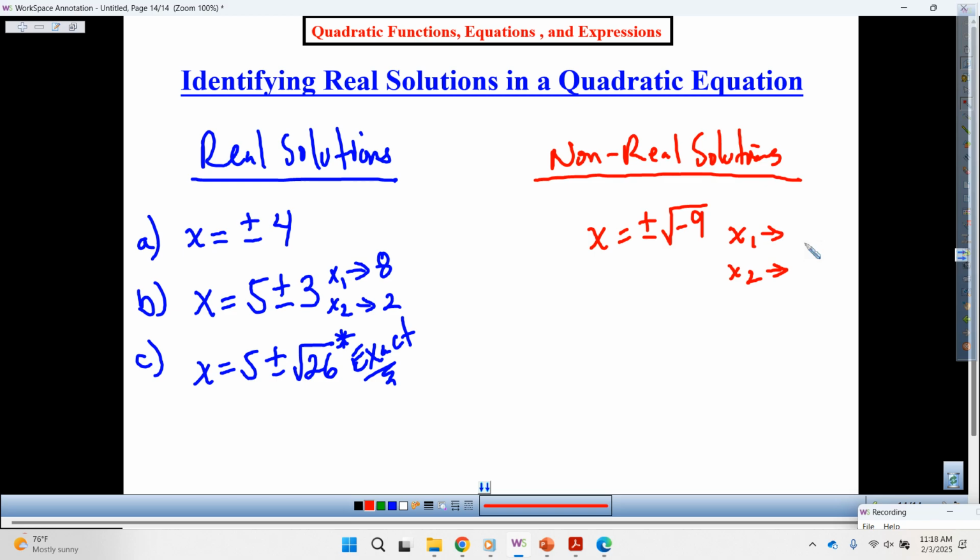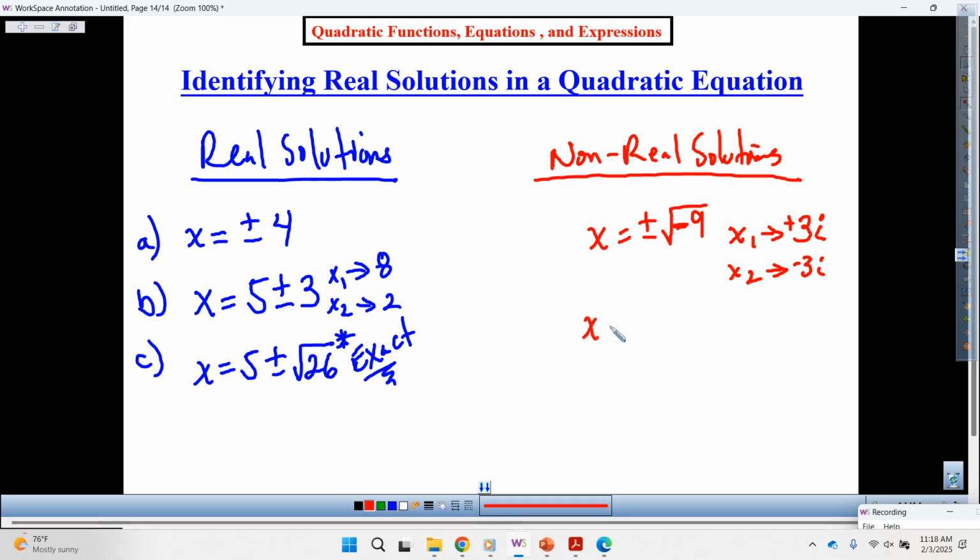Square root of negative 9 is 3i. So it's a positive 3i, or the second one is negative 3i. Have you got that? Yeah, we've been looking at negative numbers.